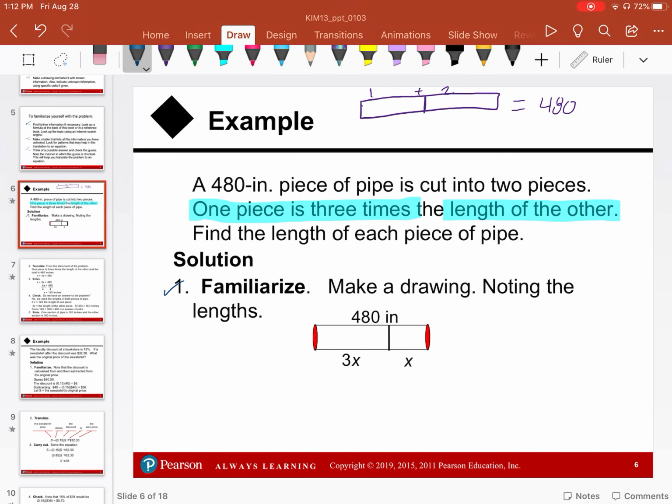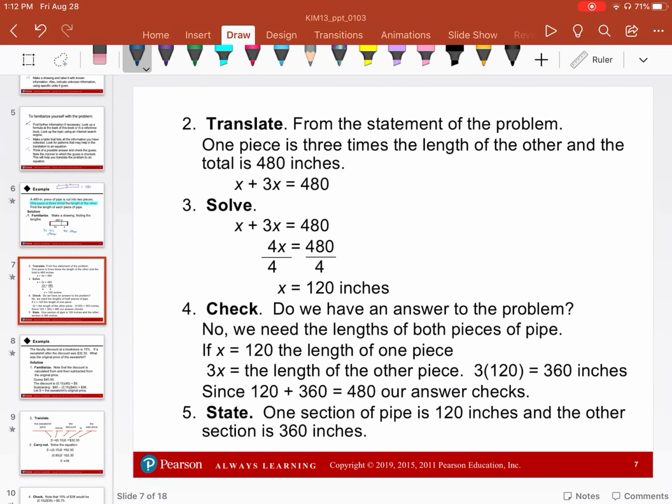Let's make a more involved drawing, noting the lengths. So I know one of them is the other, and the other is 3 times the other. So let x be the measurement of one side, and the other one is 3 times that.